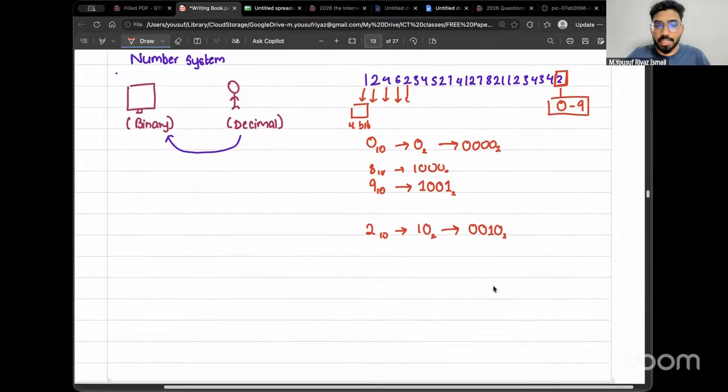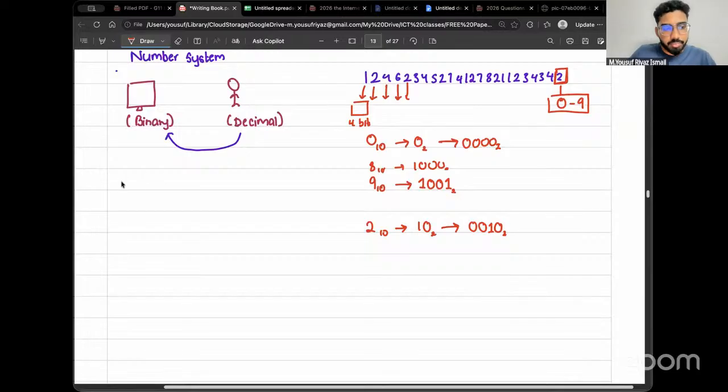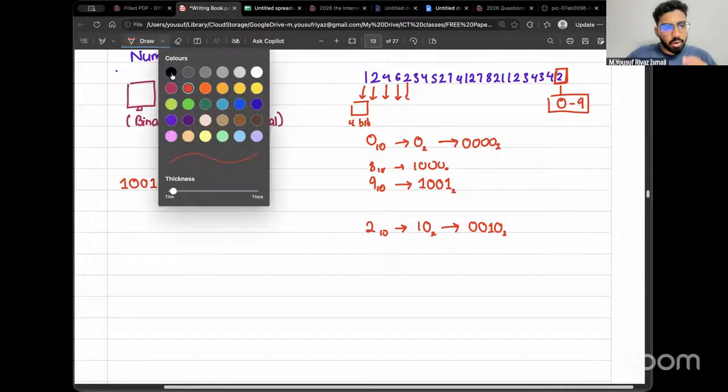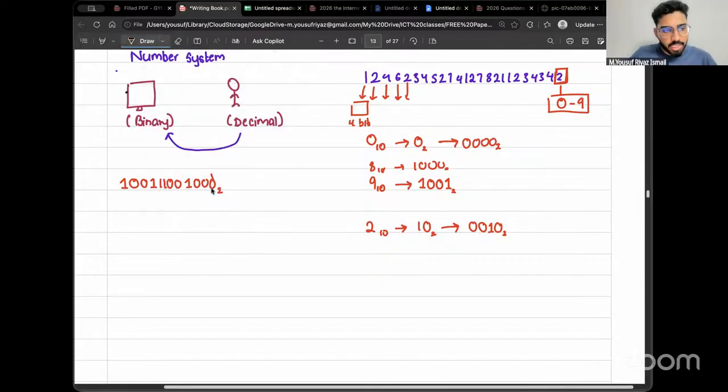What I mean by standardize is, for example, if I give a number like this, and you count how many binary digits there are, 1, 2, 3, 4, 5, 6, 7, 8, 9, 10, 11, 12, there are 12 bits here.